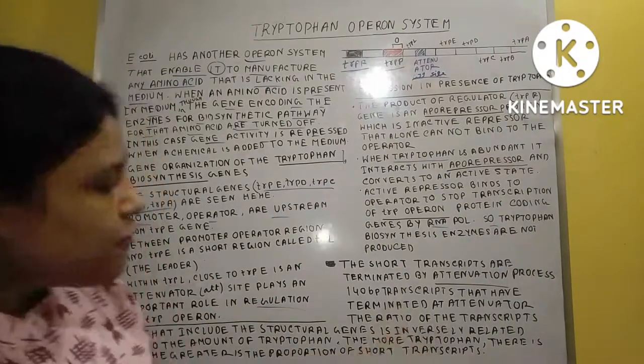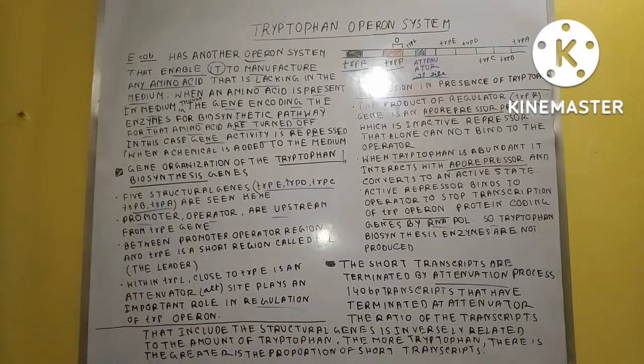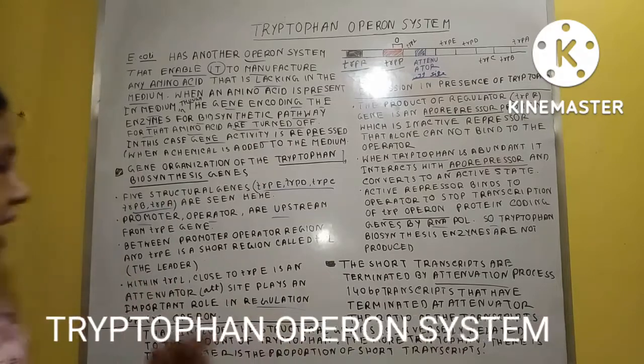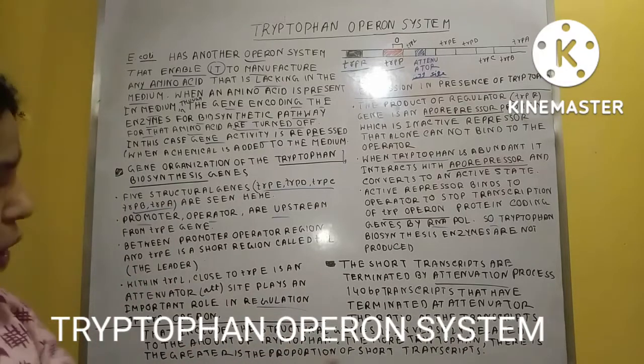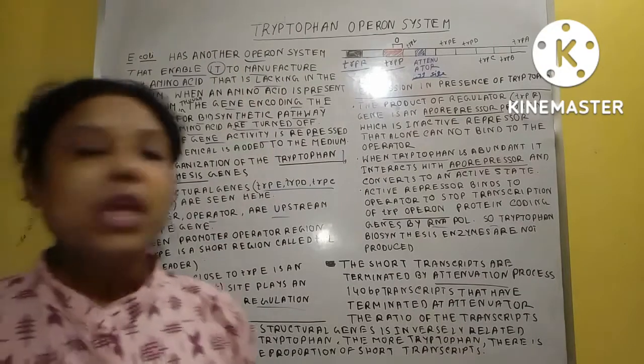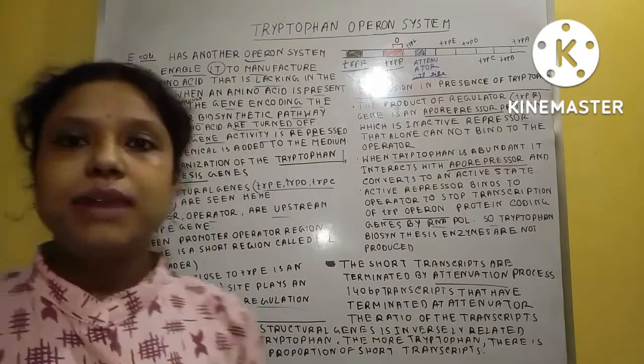If more tryptophan is present in the medium, then greater is the proportion of short transcripts. So this is the actual tryptophan operon system. Okay, and I will explain another topic in my next video.